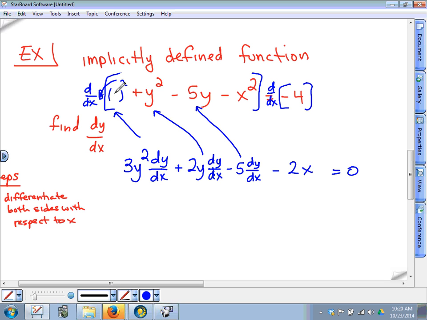But now we have to do the derivative of the inner function. What is the inner function? We don't know, but we call it y. And what's the derivative of y with respect to x? It's dy dx. If we knew what y was, we would replace all the y's, and then we'd have everything in terms of x, so we wouldn't need implicit differentiation. Did I answer your question, Parker?